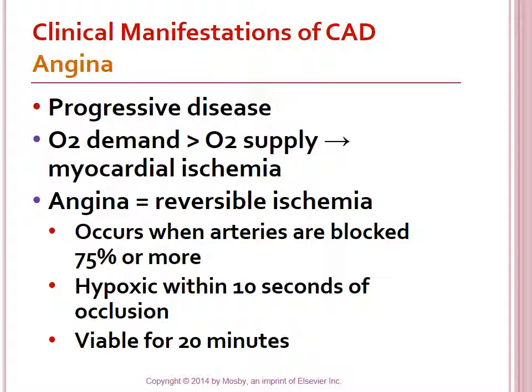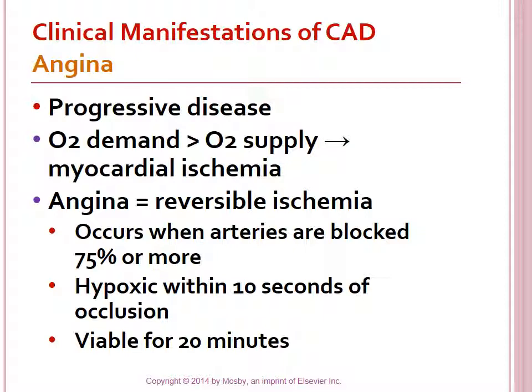CAD is a progressive disease, and patients may be asymptomatic for many years, or they may develop chronic stable chest pain. When the demand for myocardial oxygen exceeds the ability of the coronary arteries to supply the heart with oxygen, myocardial ischemia occurs.